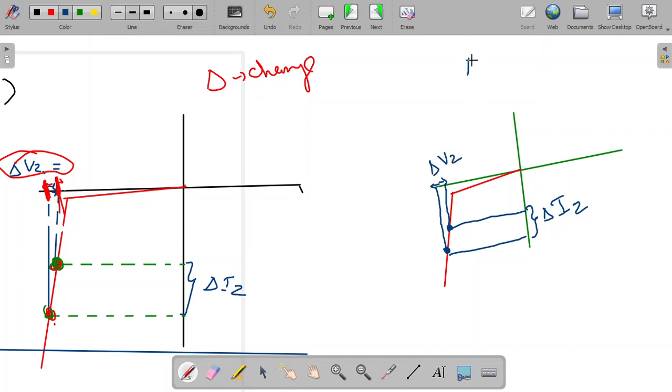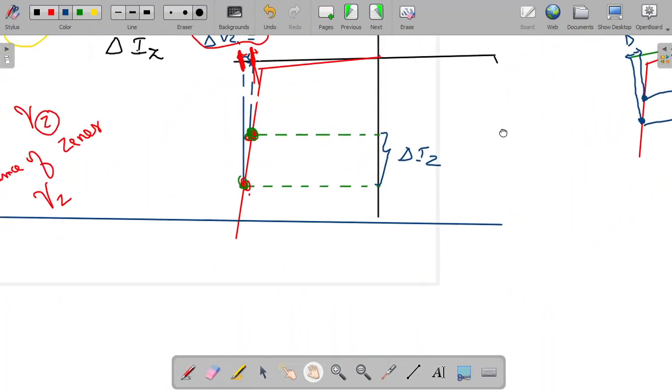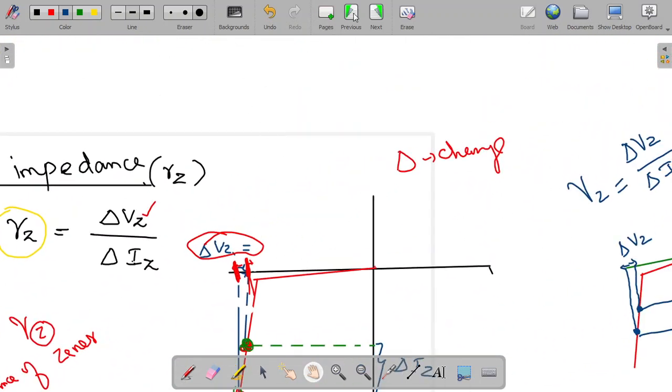When you put the ratio of del VZ to del IZ, then you will be getting this RZ, the Zener resistance or Zener impedance. So this we should know.